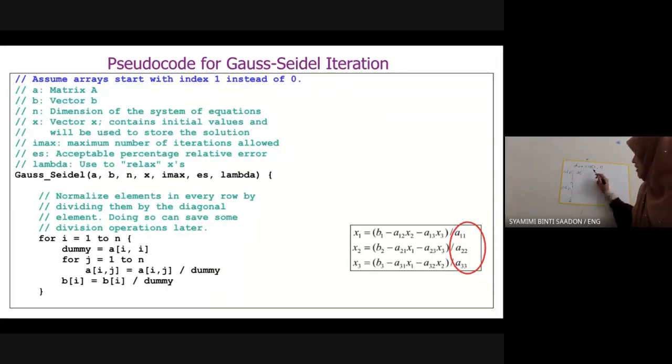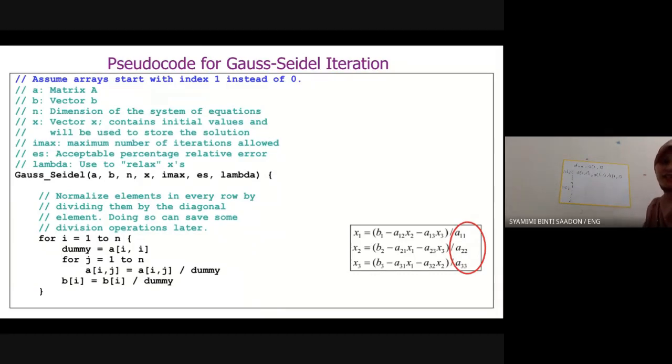Okay, so A, the first round, i1, j also 1. So A11 minus the dummy. Dummy here is A11. So actually you have 1. Sorry. So actually you have A11.